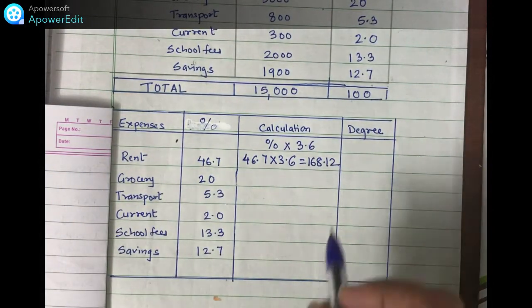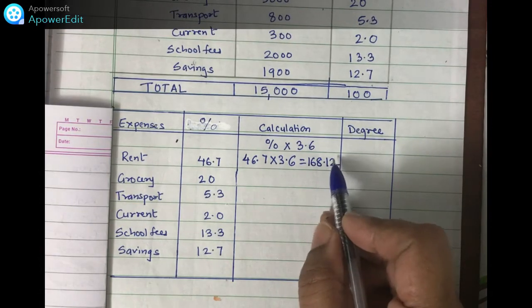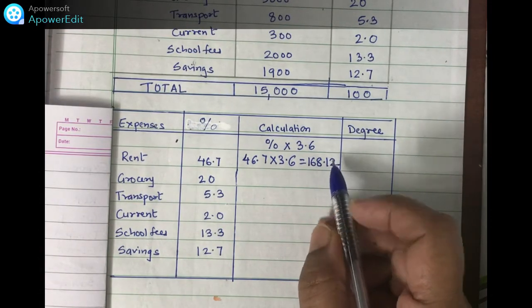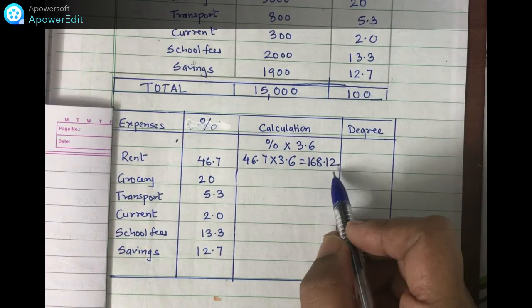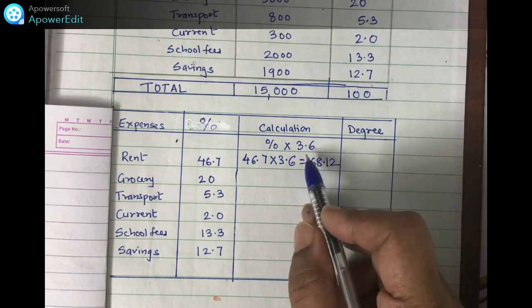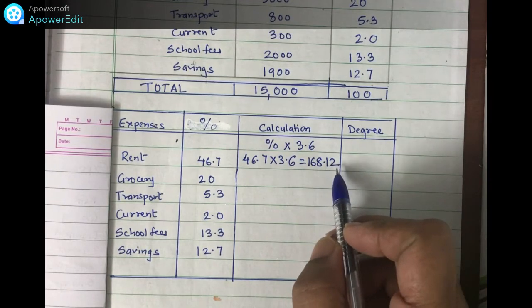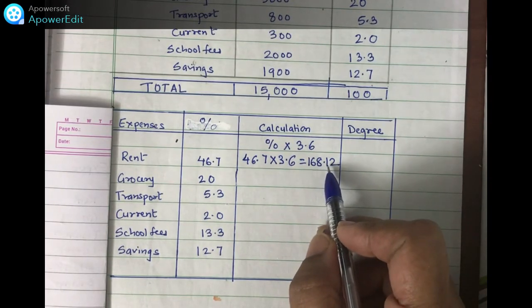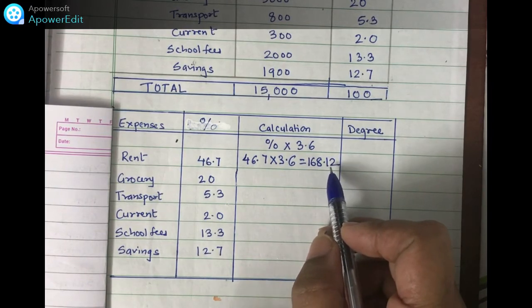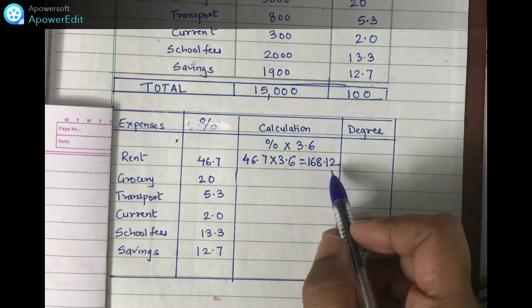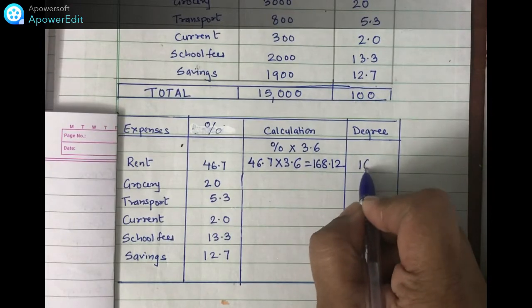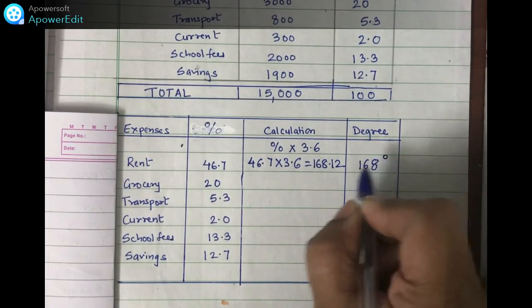Now this 168.12, we are not going to write the values after the decimal, rather we will round up the value. After the decimal point, the value is not 5 or greater than 5, rather it is less than 5. So we will write the number as 168 degrees only.